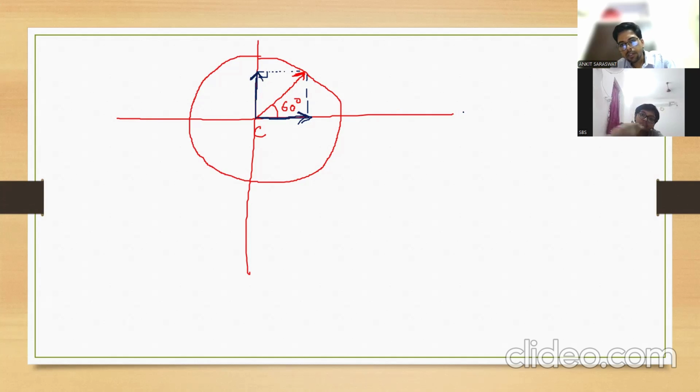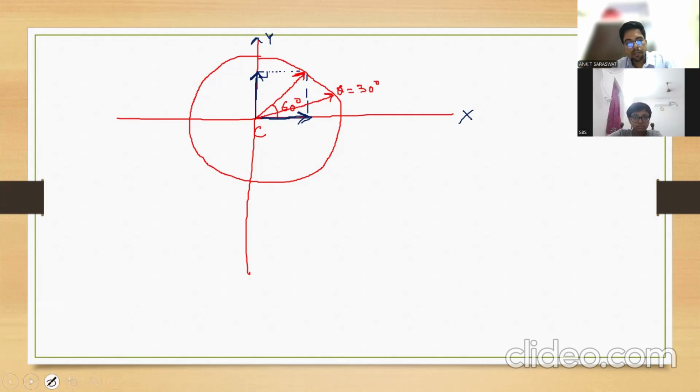Clear? But if my vector is like this, at a different angle, for example, 30 degree, I will write theta is 30 degree like this, because I have no space.